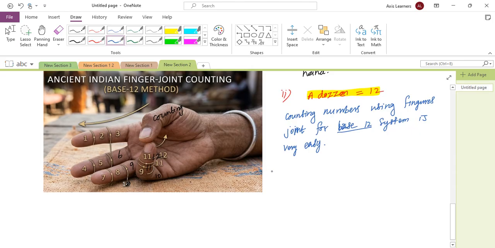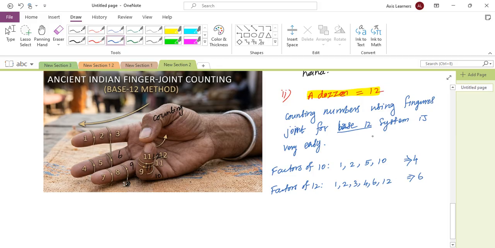Apart from that, factors of 10: 1, 2, 5 and 10. So only 4 factors. What about factors of 12? 1, 2, 3, 4, 6 and 12. Count the number of factors. 10 has 4 factors and 12 has 6 factors, okay?